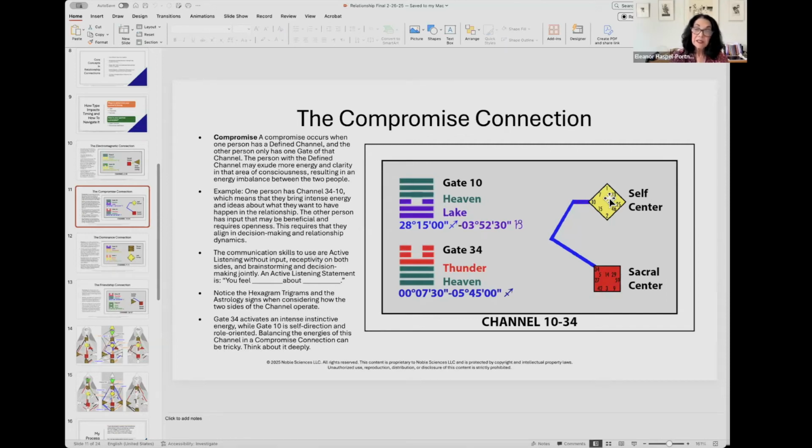Active listening is a statement. The person with the full channel, in this instance, needs to have the consciousness to say to the partner, I sense that you're feeling X about whatever it is. And then listening.